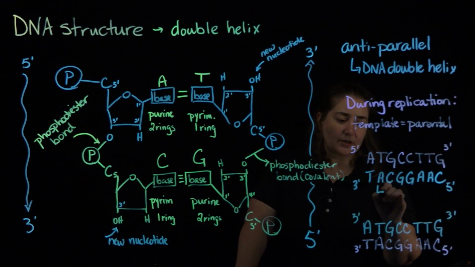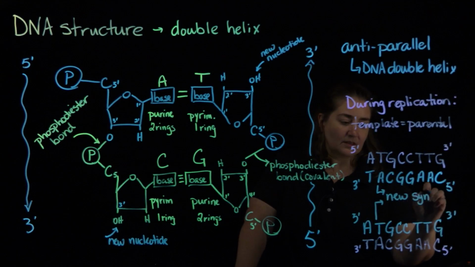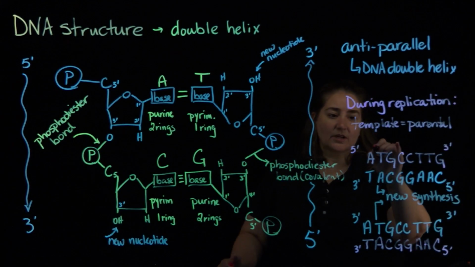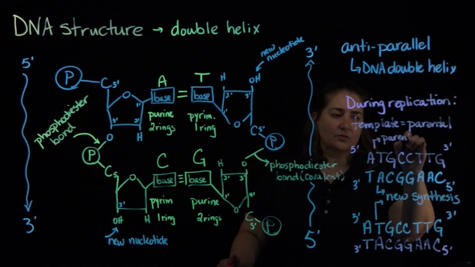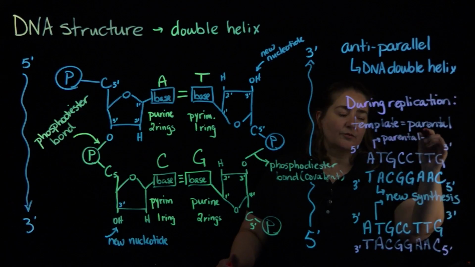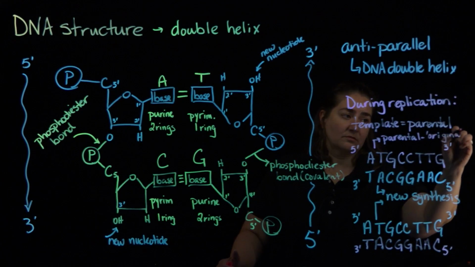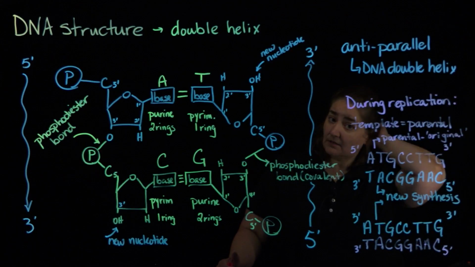So in this case, what I've done, the blue is our new strand of DNA, our new synthesis. The pink strand is our parental, or if you want to think of this as our original strand of DNA.